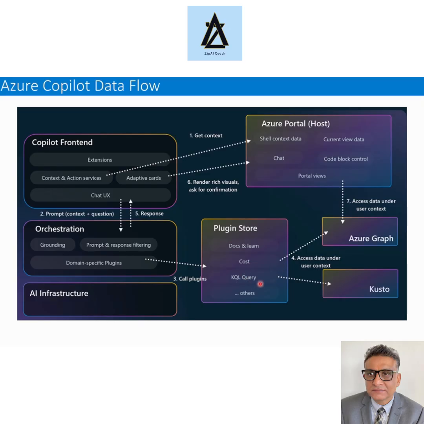It may have access to some APIs also, which can give you real-time information that is not part of the knowledge base used for grounding. And all that is running on an AI infrastructure.